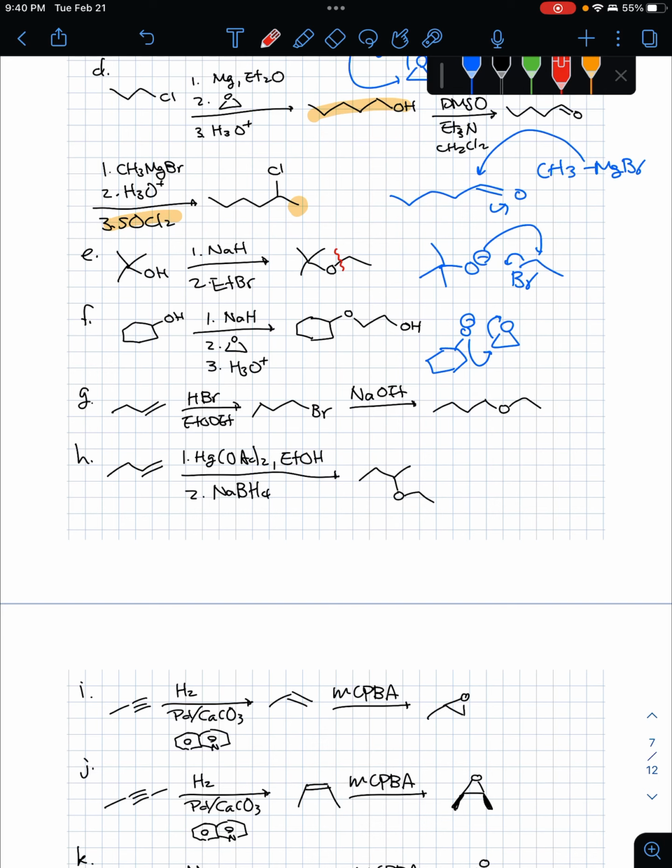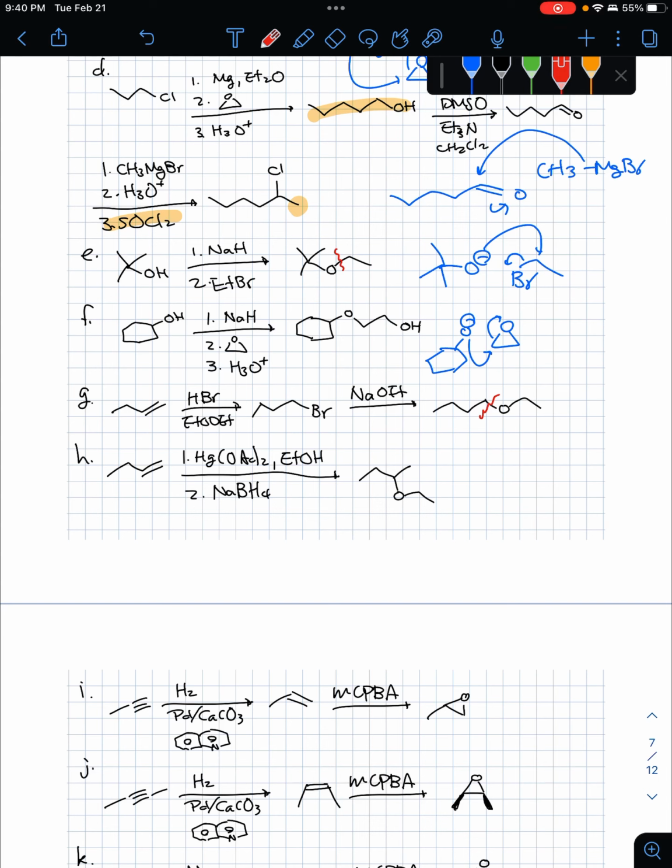Well, I guess both of these could potentially be feasible. We could dissect it there, and that's fine. I just happen to dissect it at the other position here.